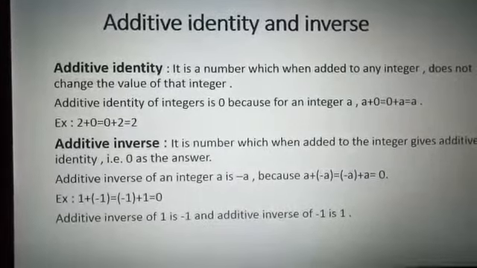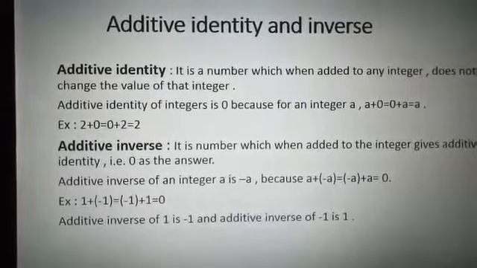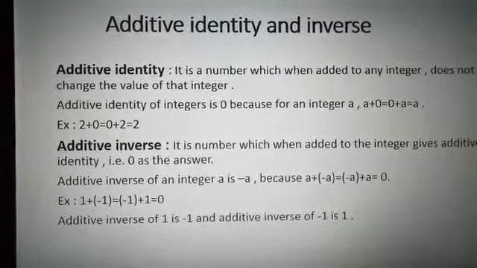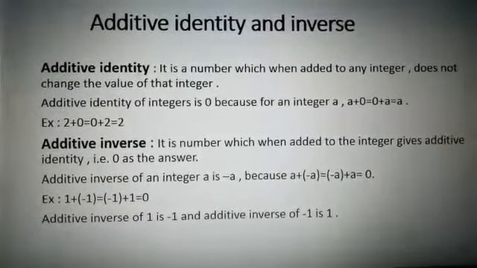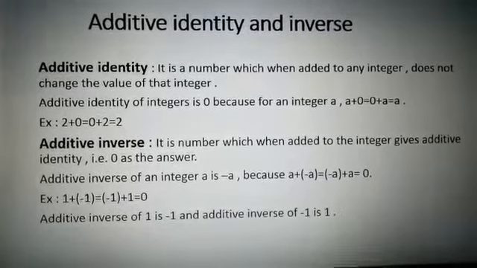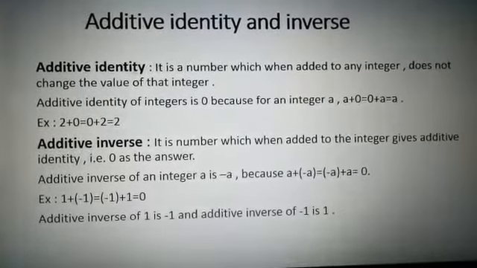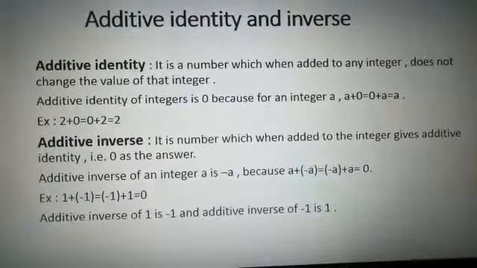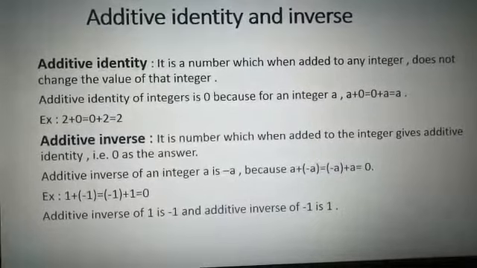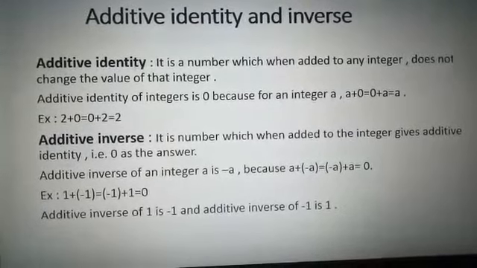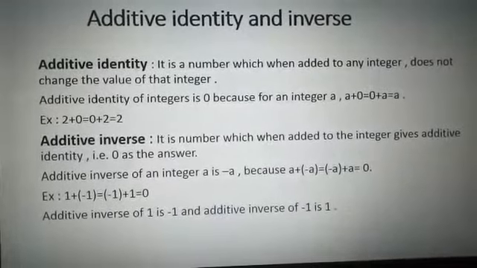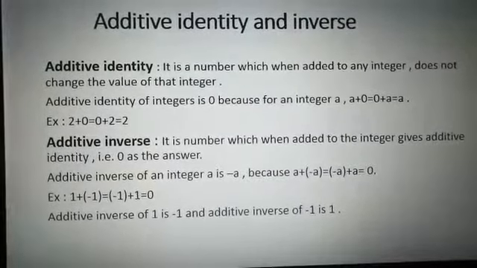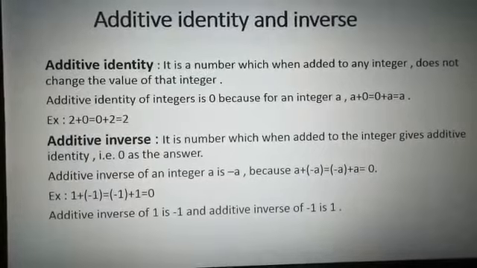Now see, the next is additive identity and inverse. First see the definition of additive identity. It is a number which when added to any integer does not change the value of that integer. That means if we add a particular number to any number, then we will get that number itself.